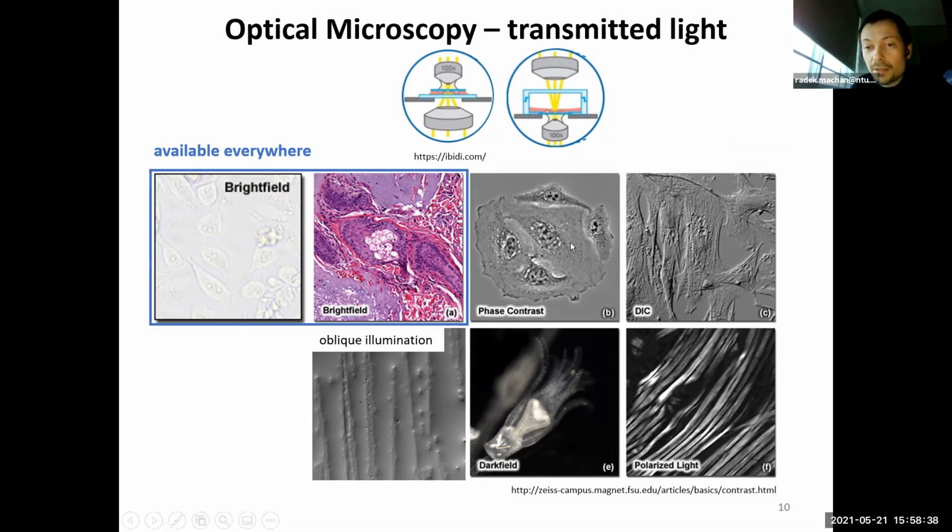Interestingly, these things which now might seem to us very routine, like phase contrast and DIC, the discoveries of them led to Nobel Prizes, similarly to more recently super resolution microscopy.